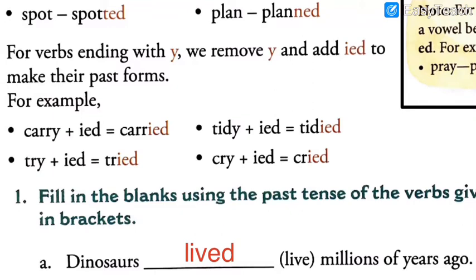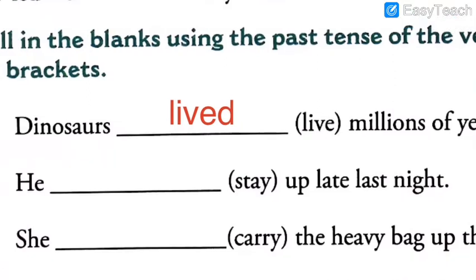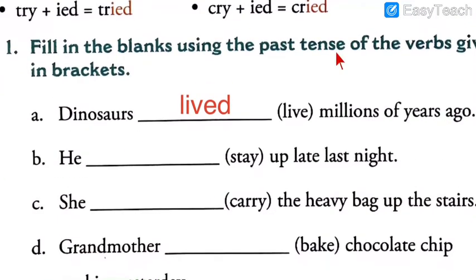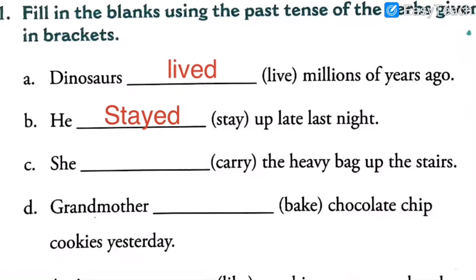No. We have to check whether a vowel or a consonant is there before the alphabet Y. Here vowel A is there before Y. Then we just have to add ED. So stay will become stayed. He stayed up late last night.